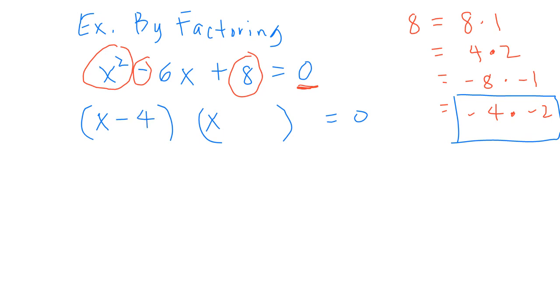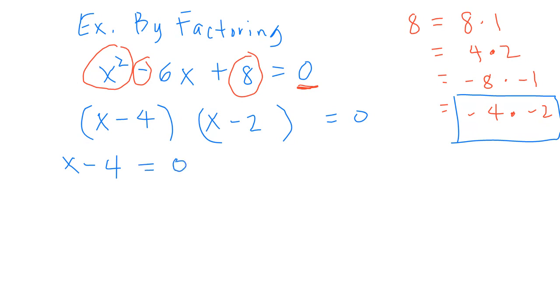You can always check by multiplying these two factors, and it should go back to the original problem, so you will get the same answer or match the given problem. After that, you apply the zero factor property, the one that you've seen a while ago.